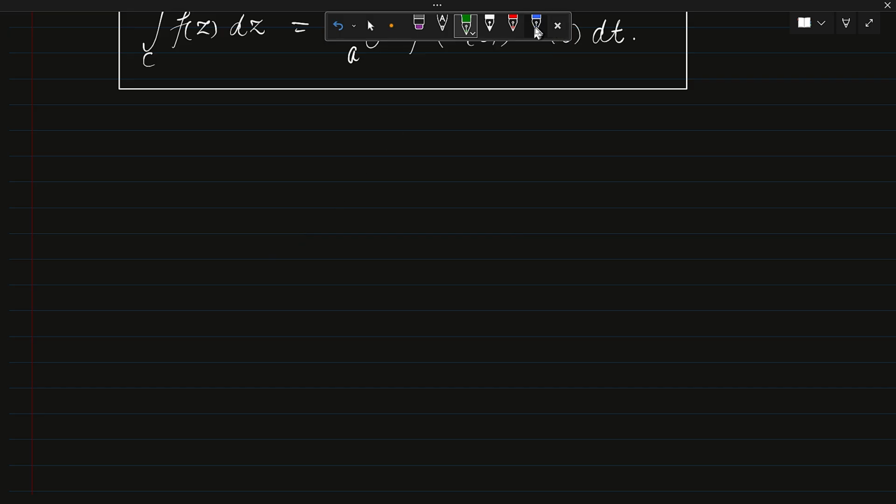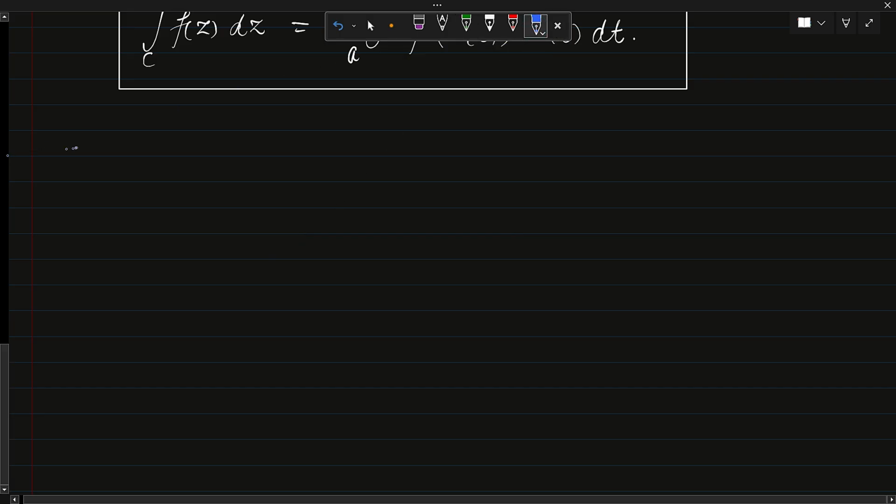Now we are going to discuss the negation of the curve, or more precisely the contour minus C. What is that minus C?